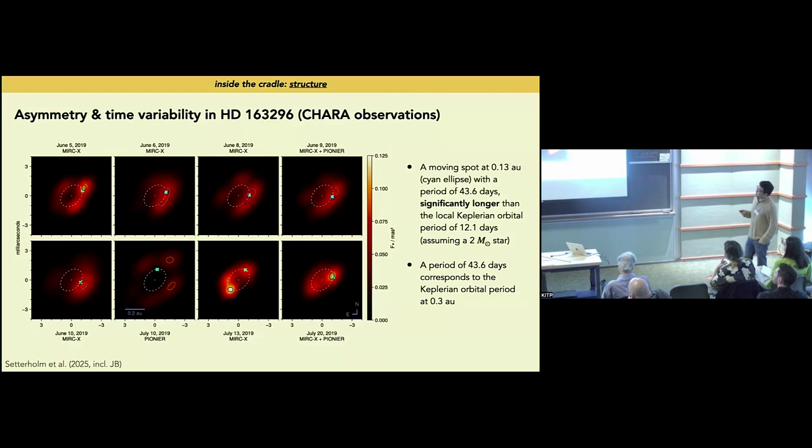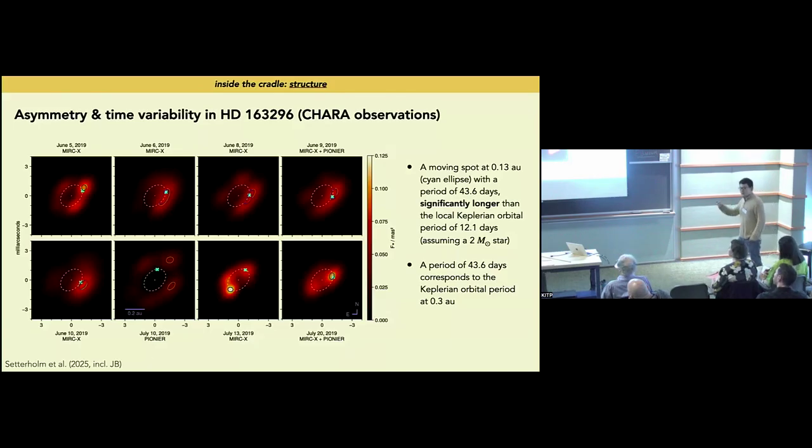So this data set is obtained with CHARA, one of the arrays that I mentioned earlier, in 2019 from June and July. And if you look at this blue ellipse, and the location, it seems like it's orbiting. The data is not very good on this particular day, but if you look at it, it seems like it's orbiting, right?